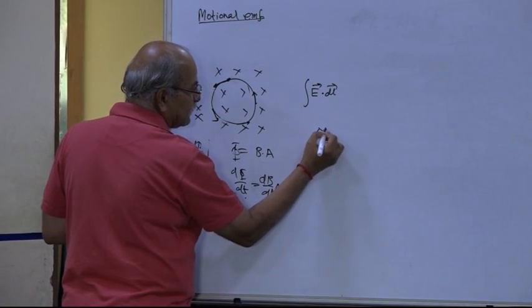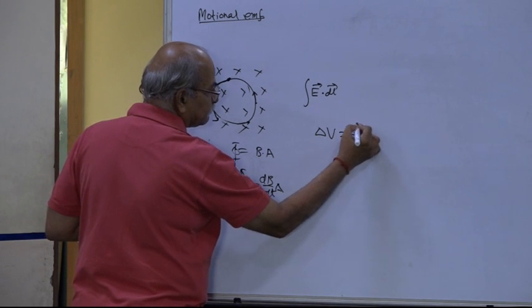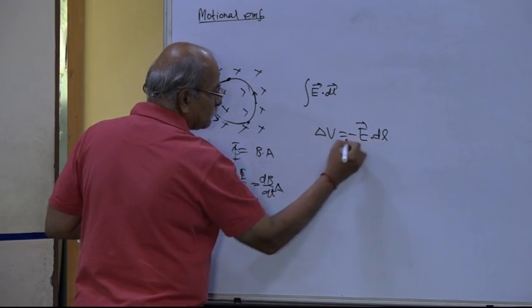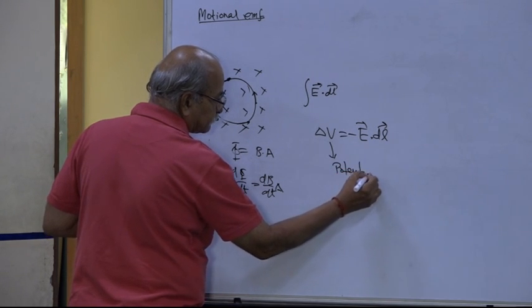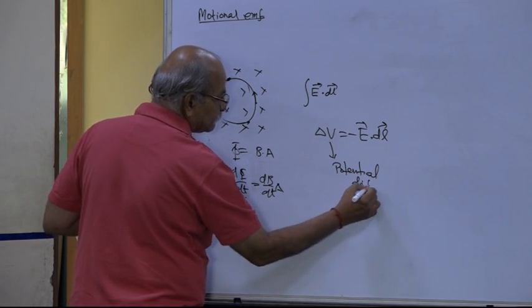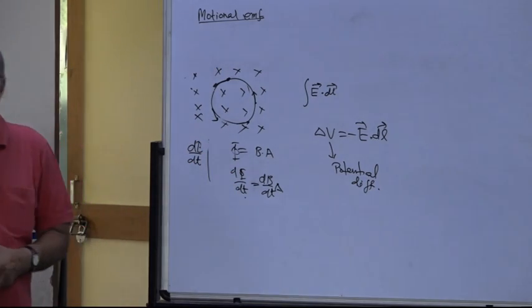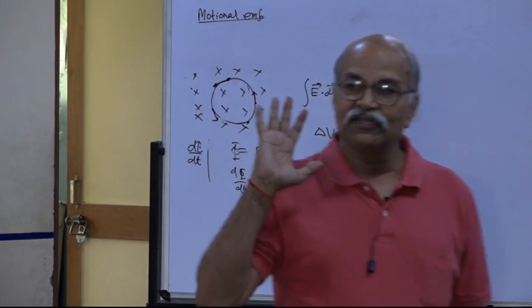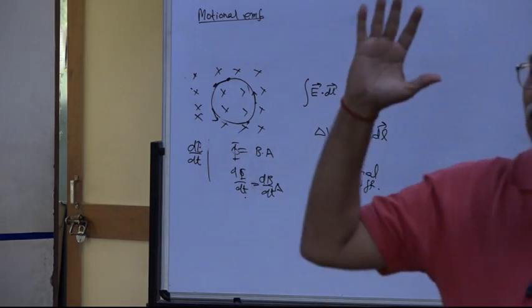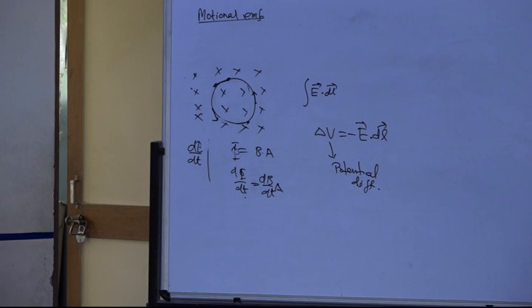you know, dV is minus E dl. This is how we define potential difference. So if you go along the electric field, does potential difference decrease or increase? Take a capacitor: you have a positive plate here, a negative plate here, and an electric field.